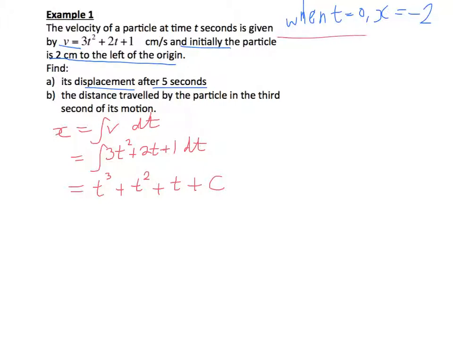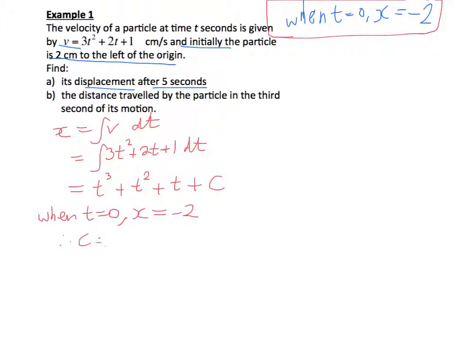We're going to use this bit of information here to find our constant of integration. When t equals 0, x equals -2. So then you can clearly see 0, 0, 0. This is -2, then you can see c is going to equal -2. So I would even write that down. When t equals 0, x equals -2.